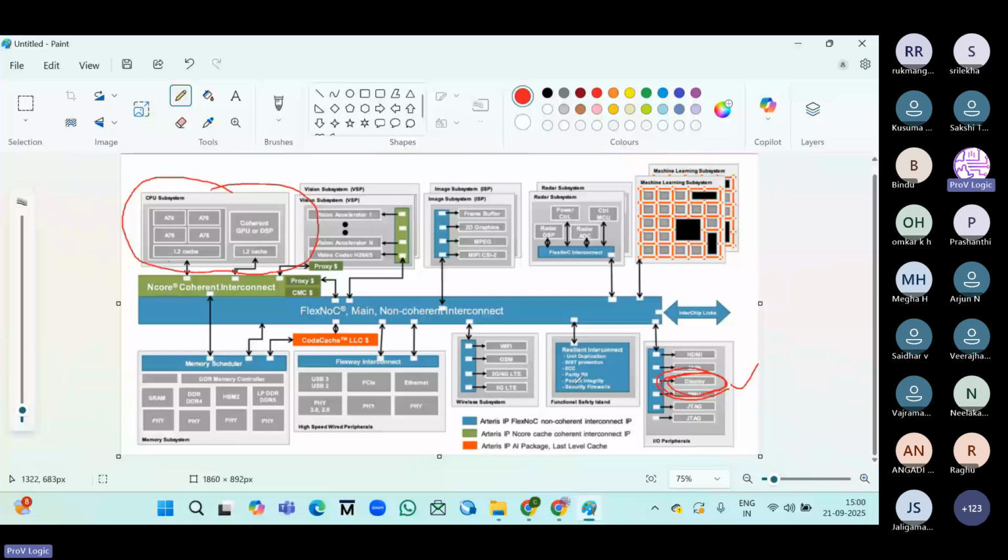Okay. And another classification: there are a lot of cases where we do inter-system communication and intra-system communication. Okay. What is meant by intra and inter? What is the difference?